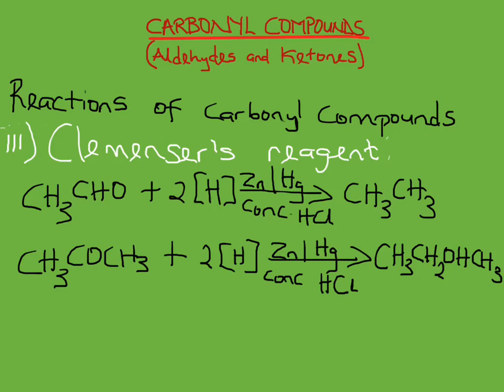That is, it reduces the carbonyl compounds to their corresponding alkanes. For example, ethanal will be reduced in the presence of 2 hydrogen ions to give us ethane. Propan-2-one undergoes the same reaction and is going to form propane.